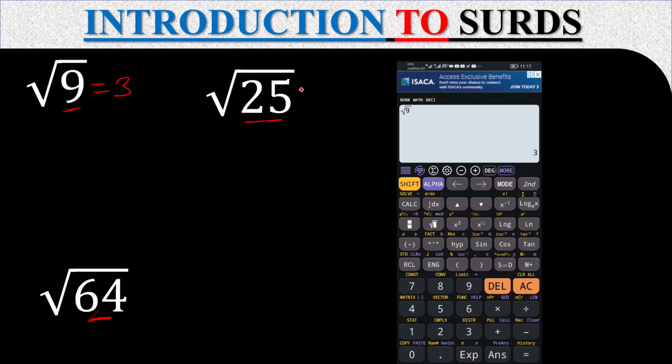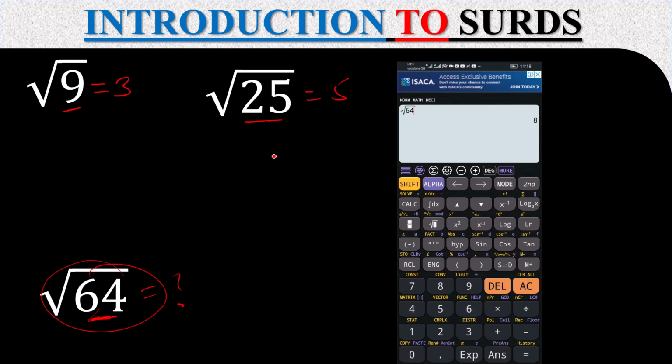Then 25 will give you 5. Then 64. What is the square root of 64? Verify this. Now these numbers are giving us exact values, so they are called perfect squares.